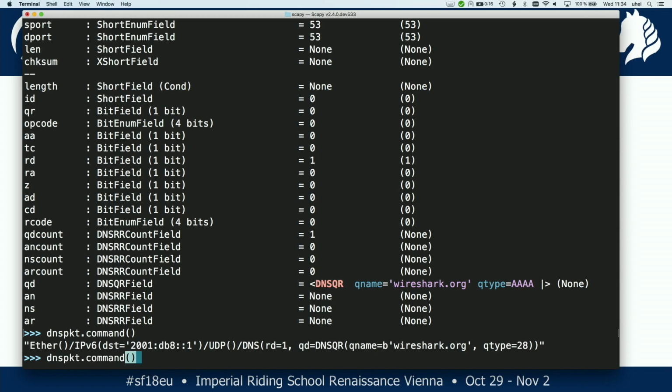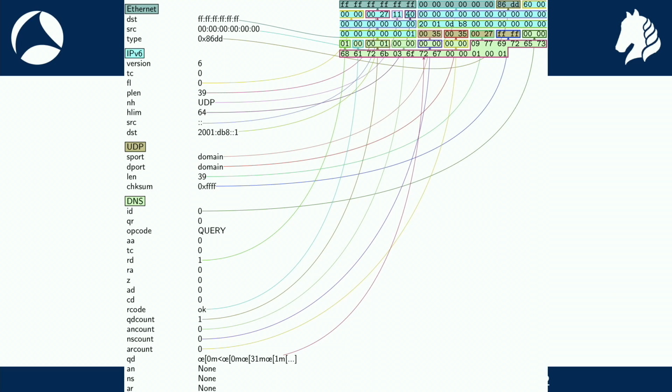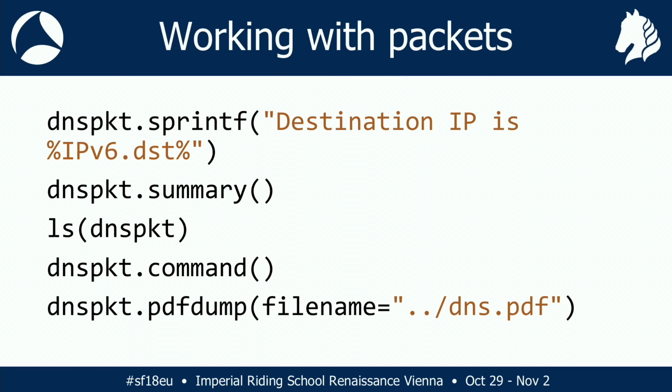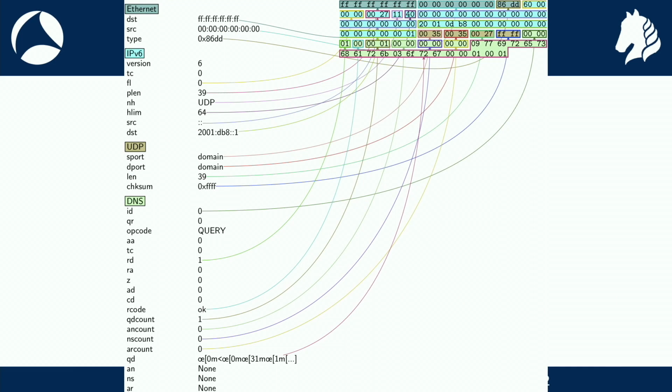Then we have another function, sometimes it's really nice, the PDF dump, which is not working here. I can show you in the slide. So the PDF dump with a file name, for example dns.pdf, gives you this packet in a nice graphical view with the hex dump on top, and you see all the fields with their values and where each is located in the hex dump.